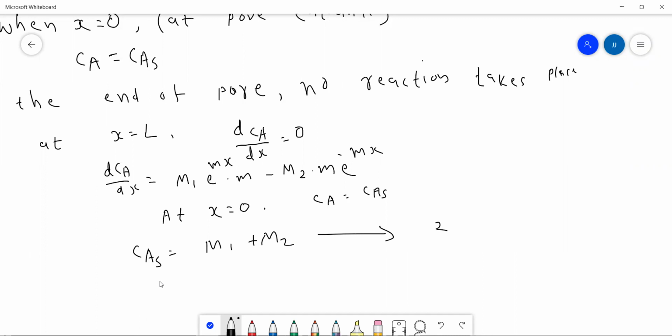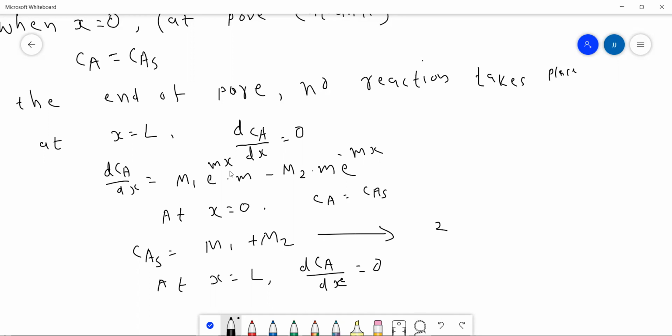You can also write another boundary condition at x is equal to L, dCA divided by dx is equal to 0.